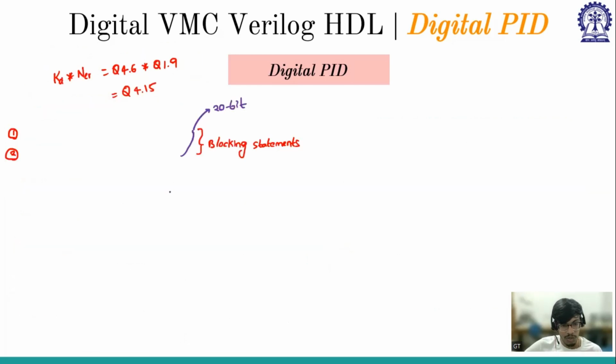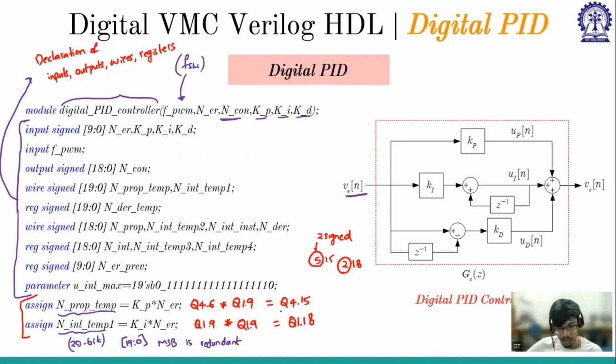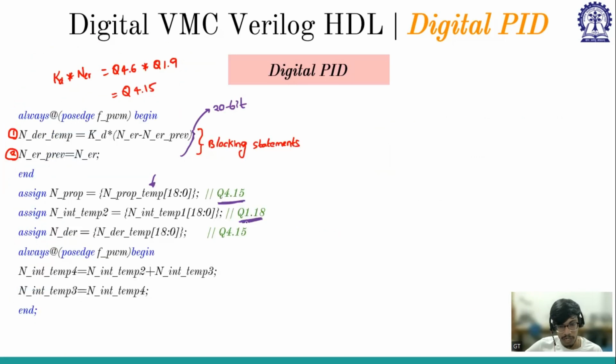So SAR is using n prop temp 18 to 0. SAR is considering the 19 bits excluding the most significant bit. So this is Q4.15, which we are told here, and this is 1.18. N DR temp also we got 20 bit and the most significant bit is redundant. So we need Q4.15.